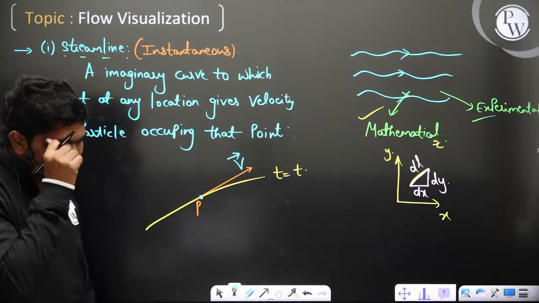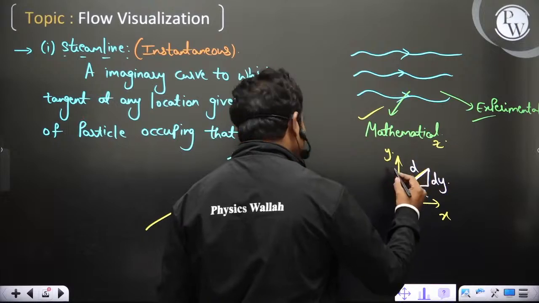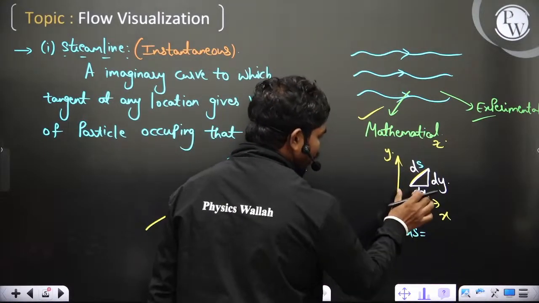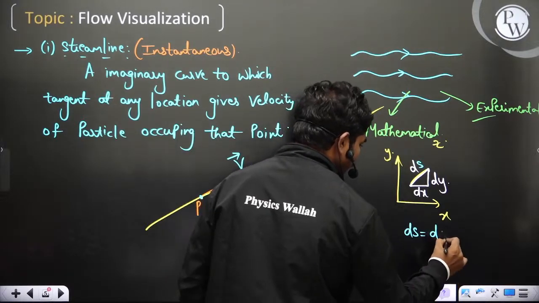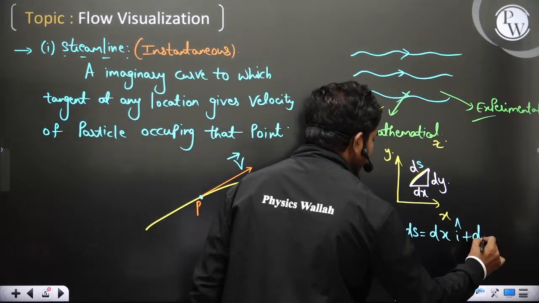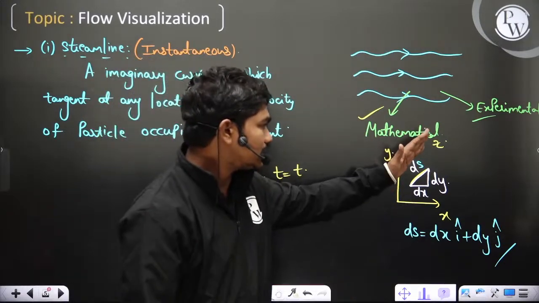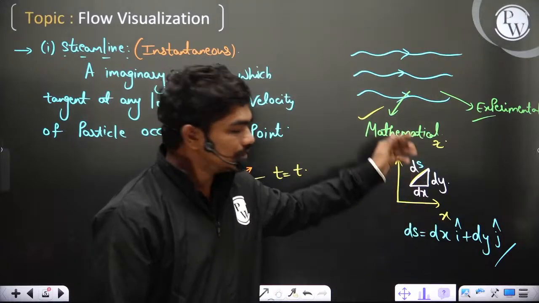Now tell me one thing mathematically. If dl, or let us say ds in general, in some random direction s, has a projection of dx and dy, can I say ds is dx i plus dy j? Normally, if fx and fy are the projections of a force, we say fx i cap plus fy j cap. Similarly, velocity is a vector.